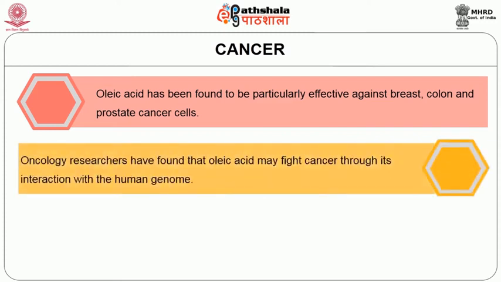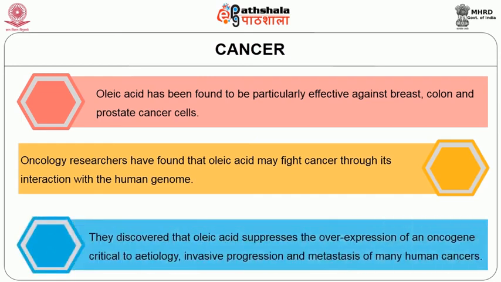Oncology researchers have found that oleic acid may fight cancer through its interaction with the human genome. They discovered that oleic acid suppresses the overexpression of an oncogene critical to etiology, invasive progression, and metastasis of many human cancers.